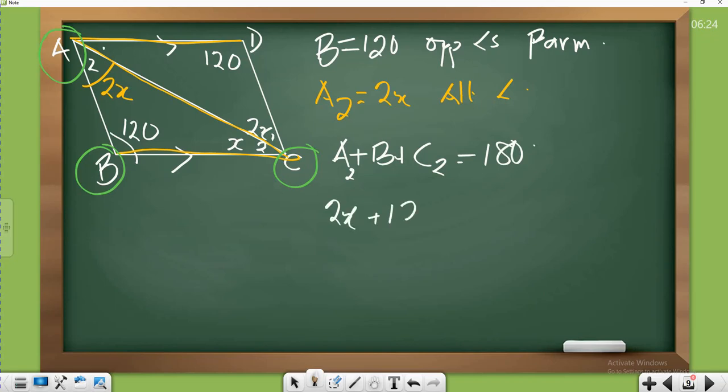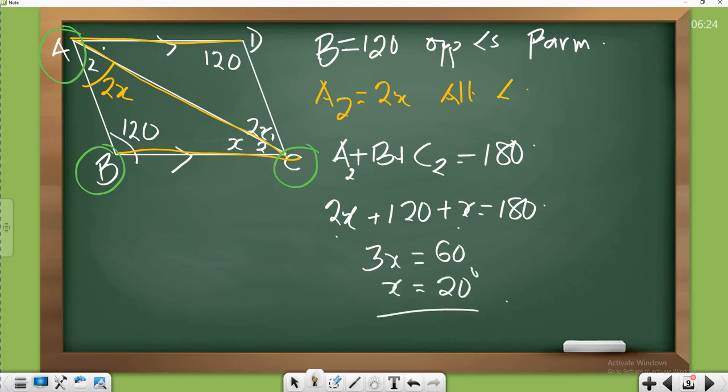My B is 120 and my C2 is x, 180 degrees. All right, so like terms, 2x plus x would give me 3x. Can I move the 120 over to the other side? So we have 180 minus 120, and that should give us what? 60 degrees. We can then divide both sides by 3, and x will be 20 degrees. All right, so our x is 20 degrees.